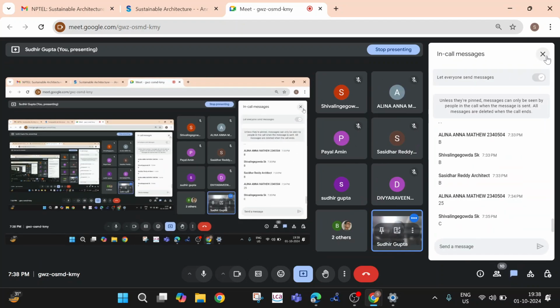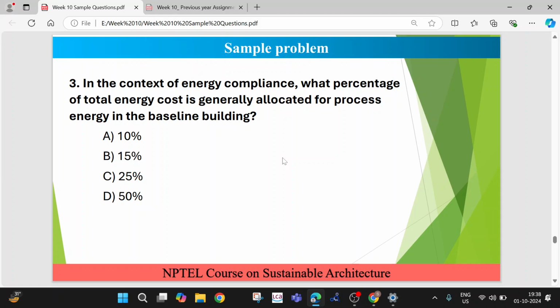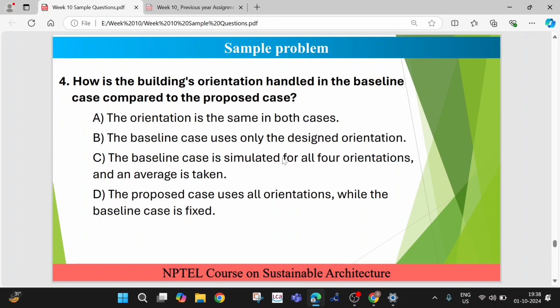C, 25%. So 25% is the right answer for this question. The default process energy cost is 25% of the total energy cost for the baseline building. It is clearly written in slide number 3. Fine? Yes, sir. Yeah. So let's move to the next question then.